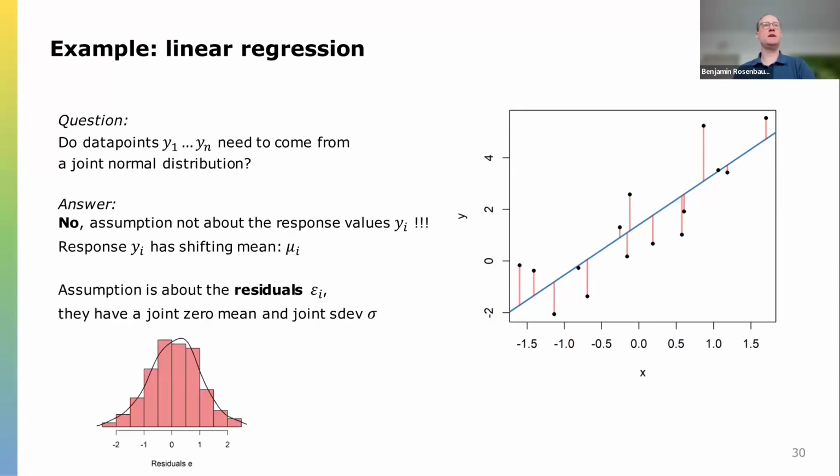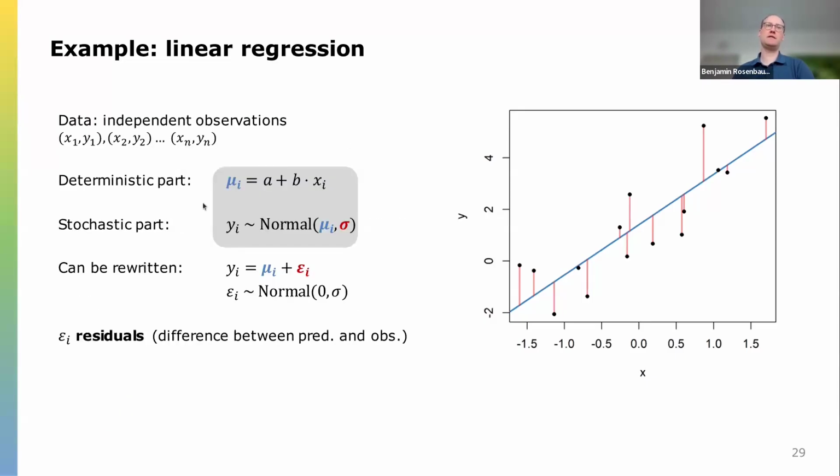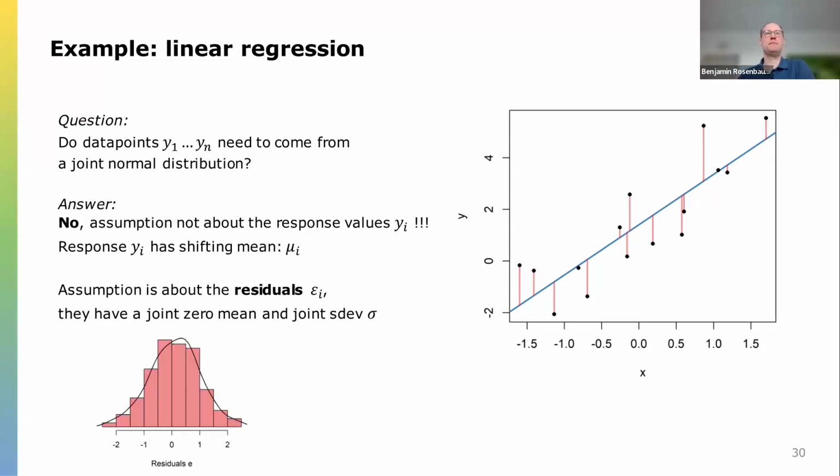No, in this case, the mean is shifting, right? So each yi has its own mean mu i. And this means that not the collection of all the y's has a joint normal distribution, but the assumption here is not on a normal distribution about the response.